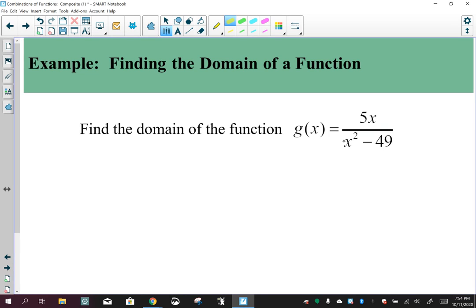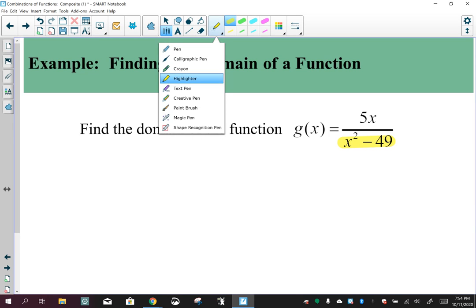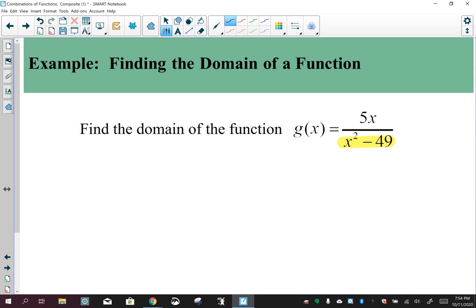And so when I'm dealing with domain, especially when I'm in this rational form here, I'm going to look at the denominator. That's the only thing I care about. And what I want to do is say x squared minus 49 is equal to 0, because I need to know what numbers are going to make this equal 0.